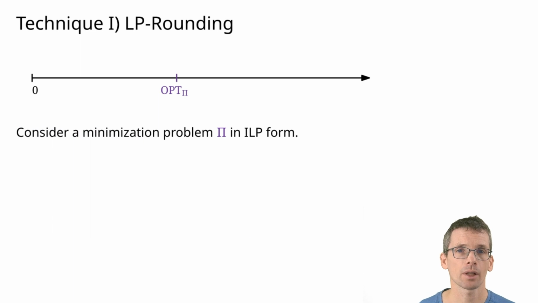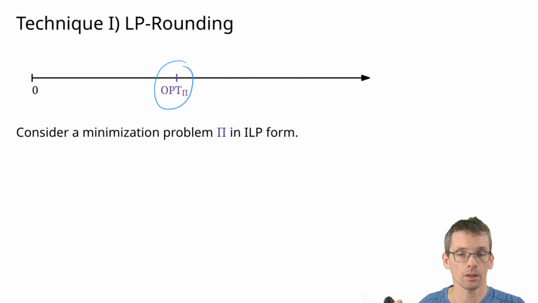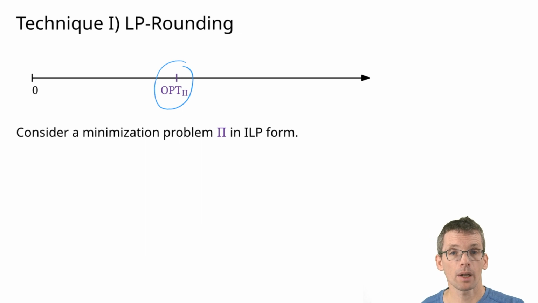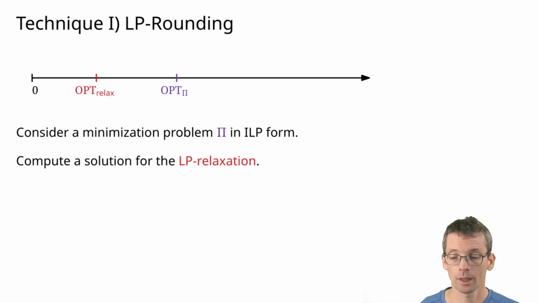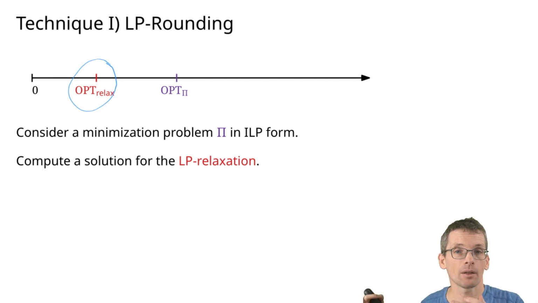So let's have a look at this abstractly. We have a problem that we can model as an integer linear program, and let's say this has some optimum, obviously. Now the first step is that we're going to take the LP relaxation and solve it, so we get a solution for the relaxed problem. And let's say the optimum is here, and because I have fewer or weaker conditions, the optimum will be better in the sense that it will be at most as large as the optimum for the original problem.